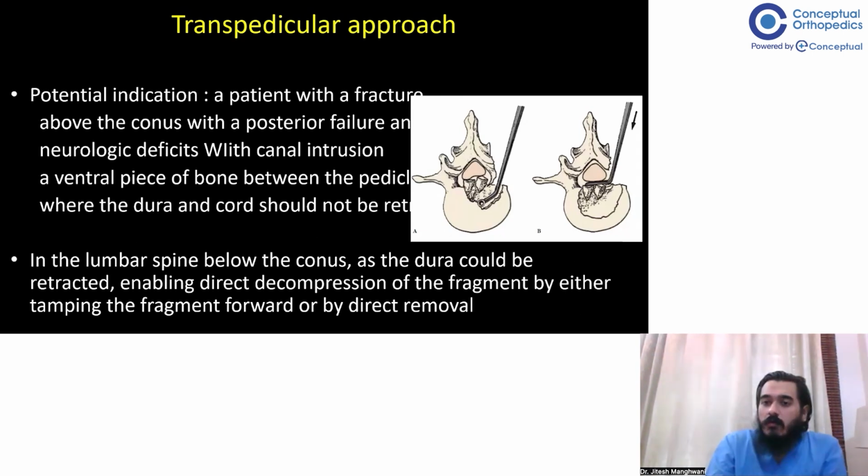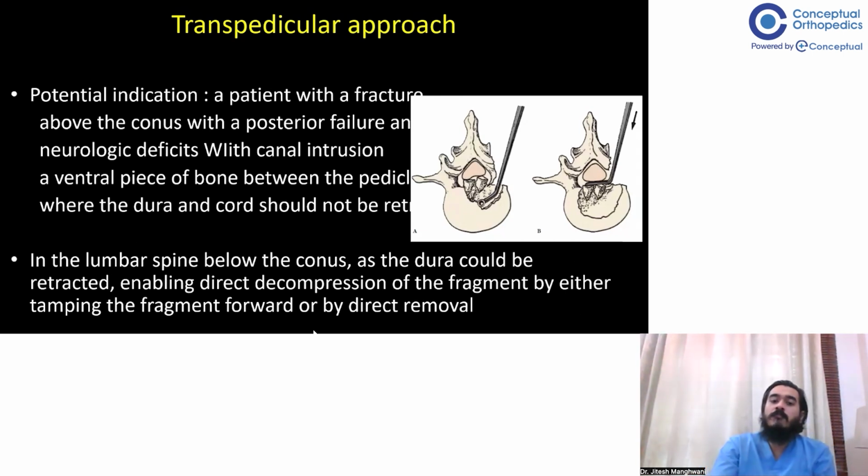In fact, as you see over here, many times we keep even this medial part of the pedicle intact while we start doing the decompression, so that we don't touch the spinal cord at all. We go inside, reach the body by a transpedicular route, thumb back the fragments or remove or curette the fragments, so that we give space to the spinal cord.